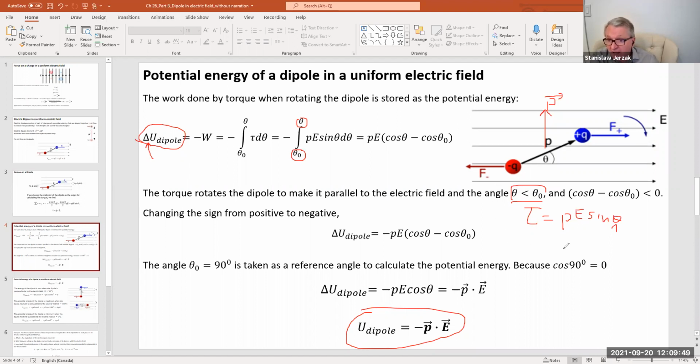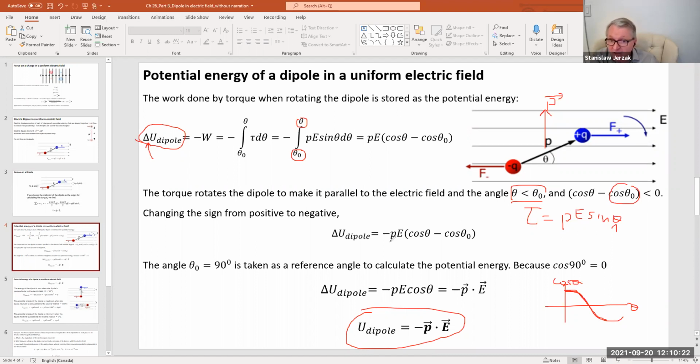And because of the cosine, when you plot the cosine function, it is something like this, remember? You see when the angle decreases, the value of the cosine function decreases, which means that if theta 0 is larger than theta, then cosine theta 0 is larger than cosine theta, and this bracket is negative.